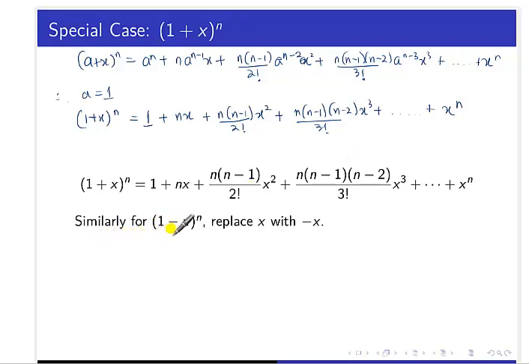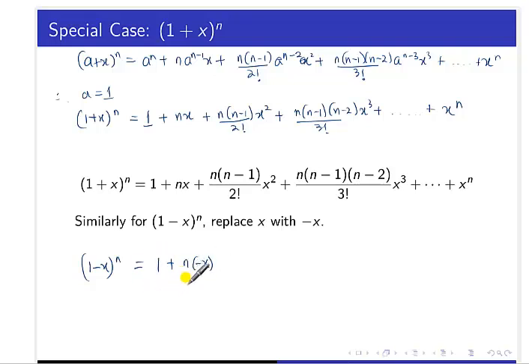Similarly, for 1 minus x all to the power n, we replace all x's in this expression with negative x. So for 1 minus x all to the power n, we shall have 1 plus n, and then we have minus x.